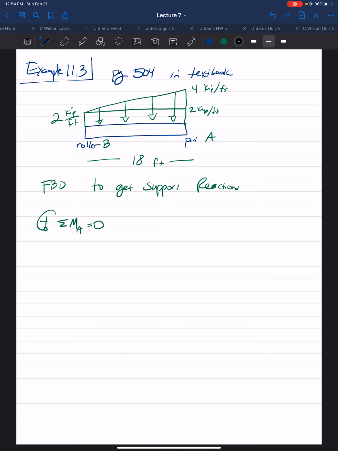The rectangular loading is base times height and be right in the center. So it'd be 9 feet from either end. And that would be 2 kip per foot times 18 feet, which would be 36 kilopounds.